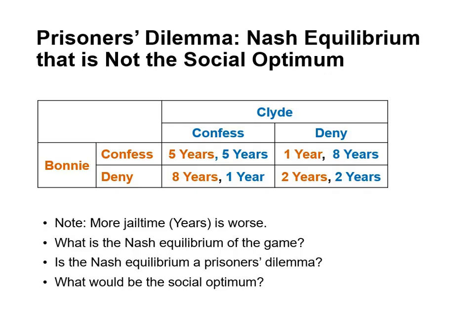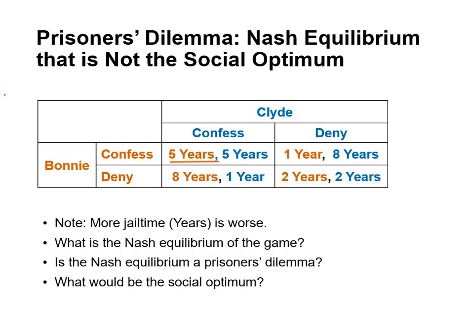But now what happens? Let's play the game. If Bonnie thinks that Clyde confesses, what is Bonnie's best strategy? Shall she confess and go to jail for 5 years, or deny and go to jail for 8 years? Of course, the best strategy is to confess, because 5 years in jail is still better than 8 years in jail.